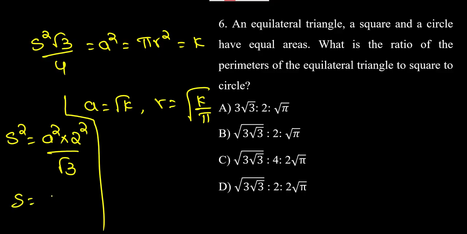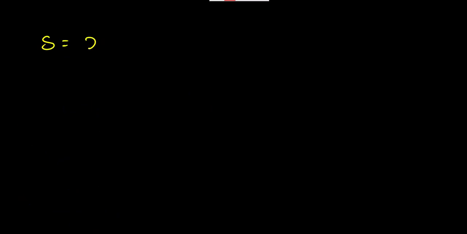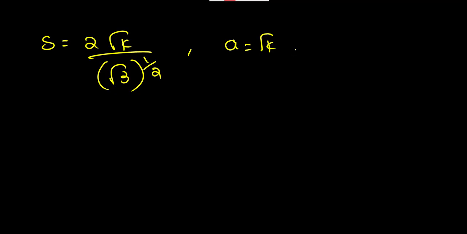S will be 2 root k divided by root 3 whole power 1 by 2, or root 3 again. Whereas a equals root k, and r is nothing but root k divided by root pi.